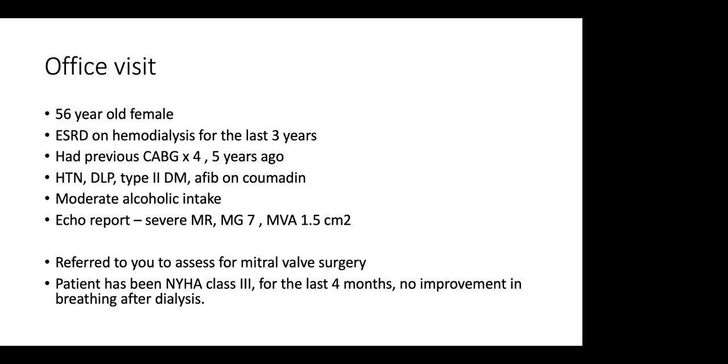Patient NYHA class 3 for the last 4 months, no improvement in breathing on dialysis. So I need more history about the frailty and to calculate the STS score. And I need more history about the symptoms. It's class 3 with optimal medical therapy, or she is not optimized?